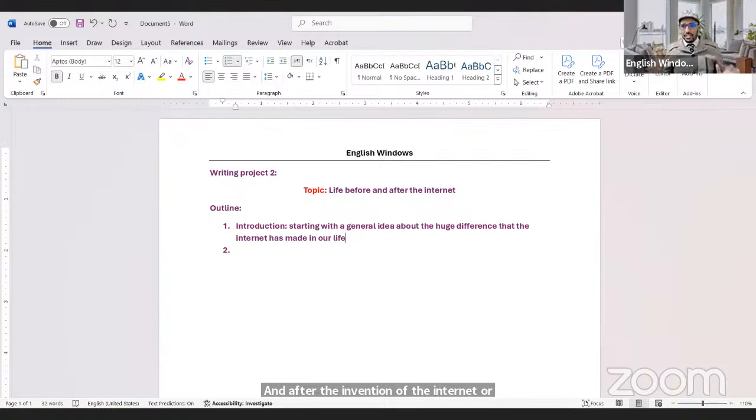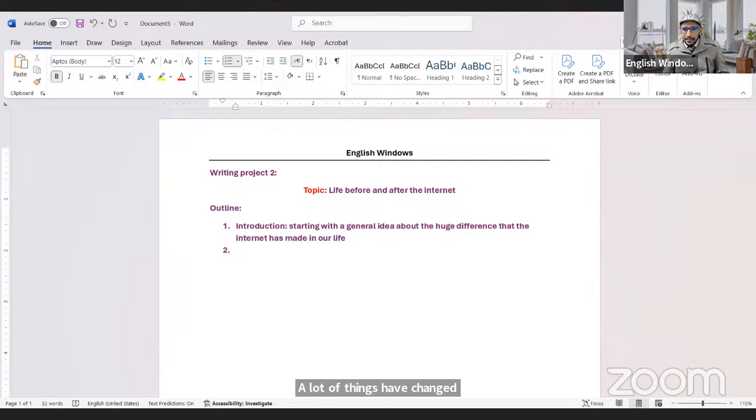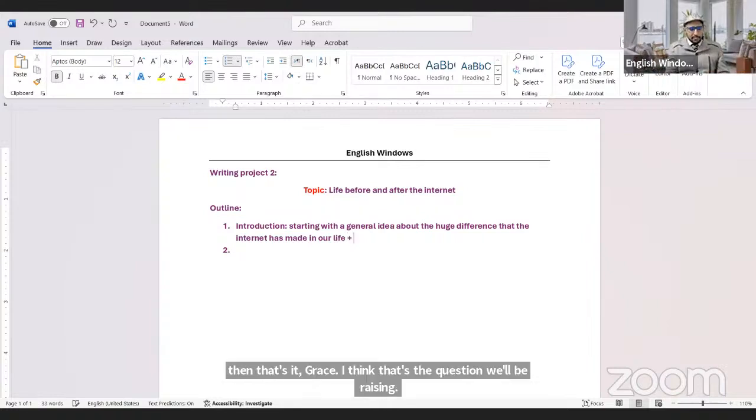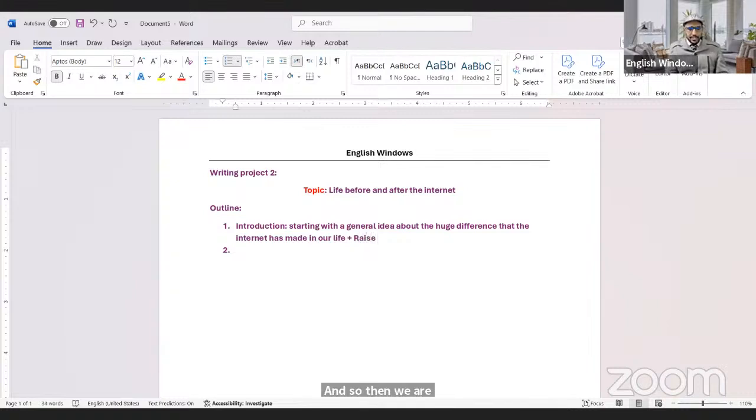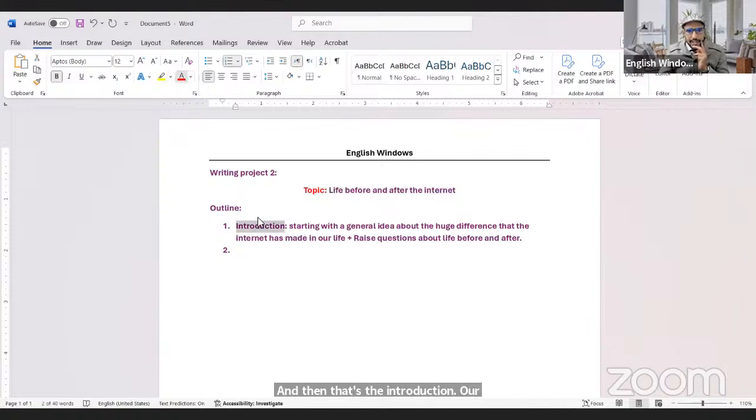A lot of things have changed actually. And that's the question we'll be raising. So very simply, we raise direct or indirect questions about life before and after the invention of the internet. That's the introduction. Our introduction is going to be this way.